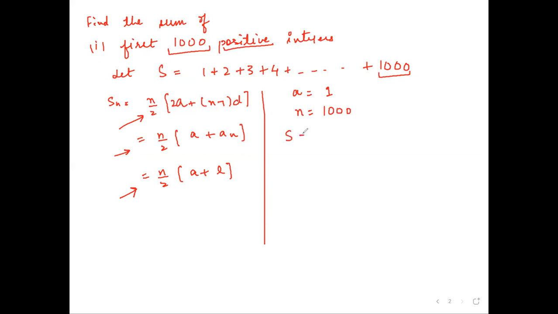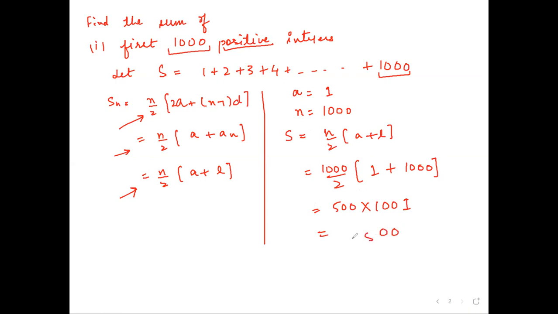So the formula is n by 2 into a plus l. This is 1000 divided by 2, and now a is 1, and your last term is also 1000 in this particular case. You can simplify this: it will be 500 multiplied by 1001, so put 2 zeros here. So that's the answer. Clear? Yeah.